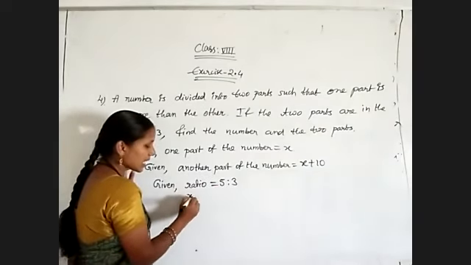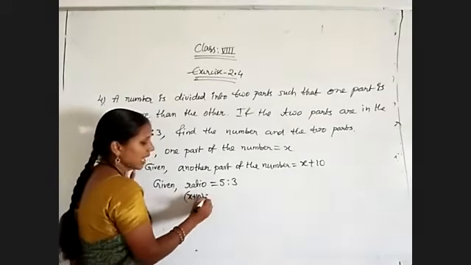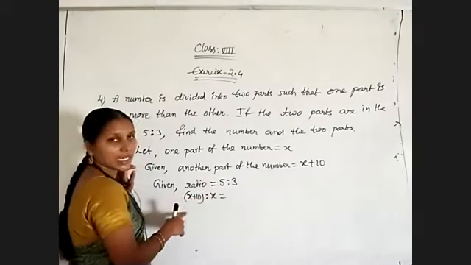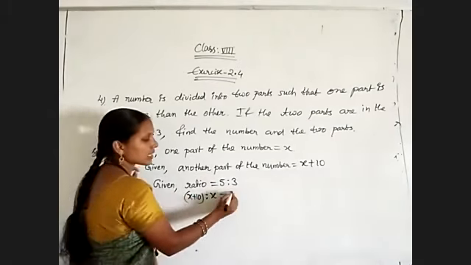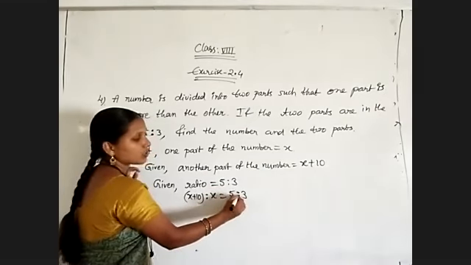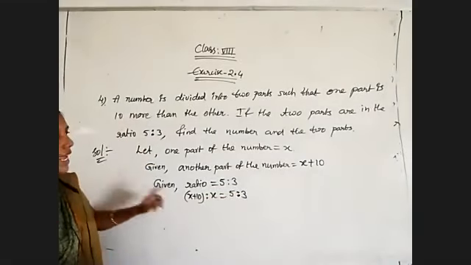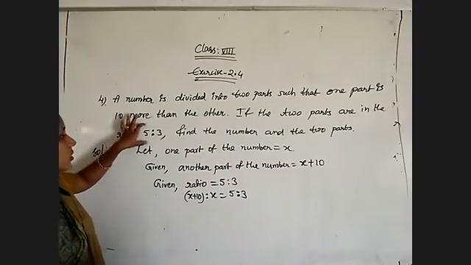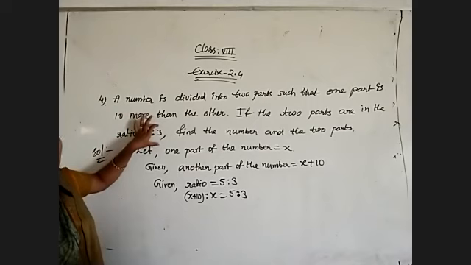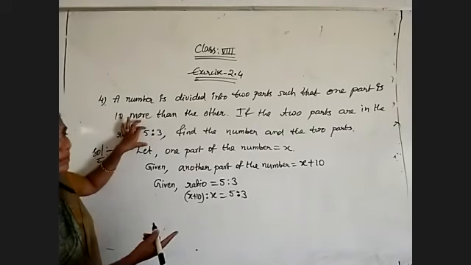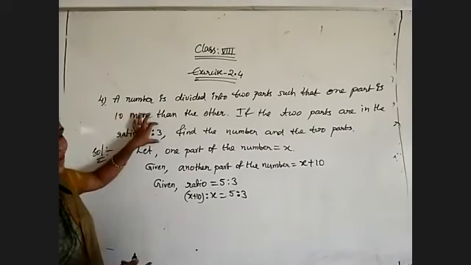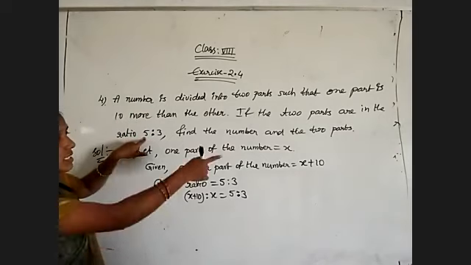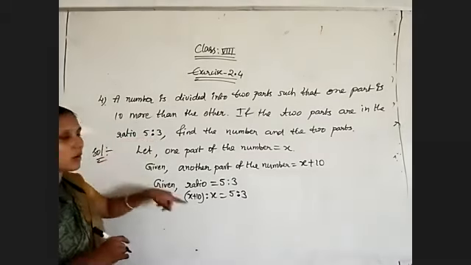Greater part is x plus 10 and smaller part is x. So x plus 10 is to x is equal to 5:3. This condition is very, very important. Usually we would write x is to x plus 10, but that is not correct. According to the antecedent and consequent of the ratio, greater part goes with the greater number, smaller part with the smaller number. So 5 parts is equal to x plus 10 and 3 parts is equal to x.